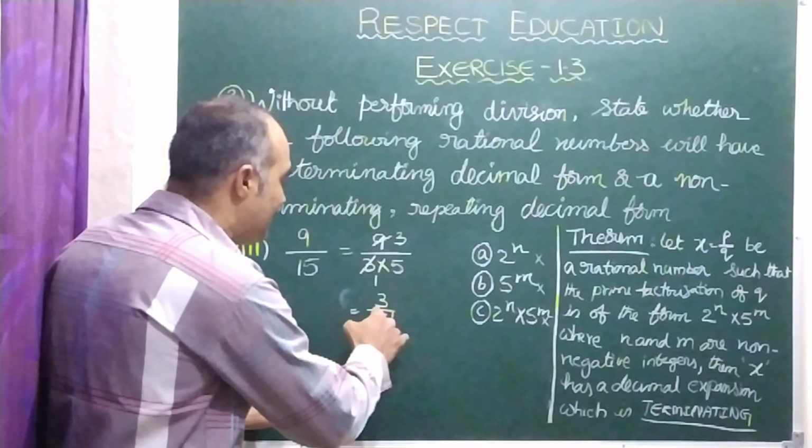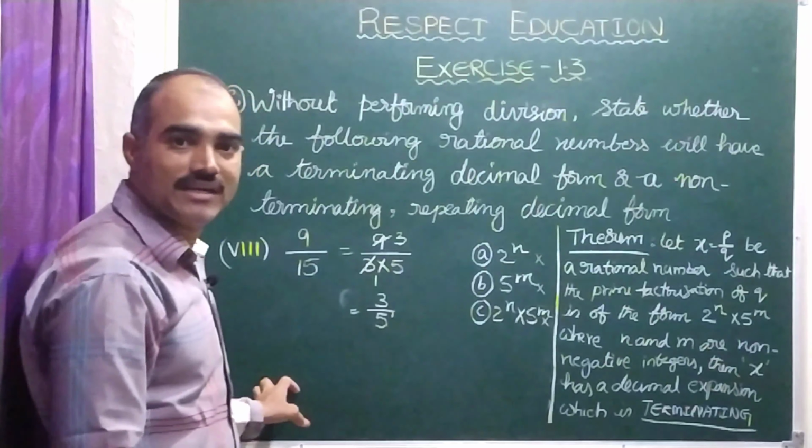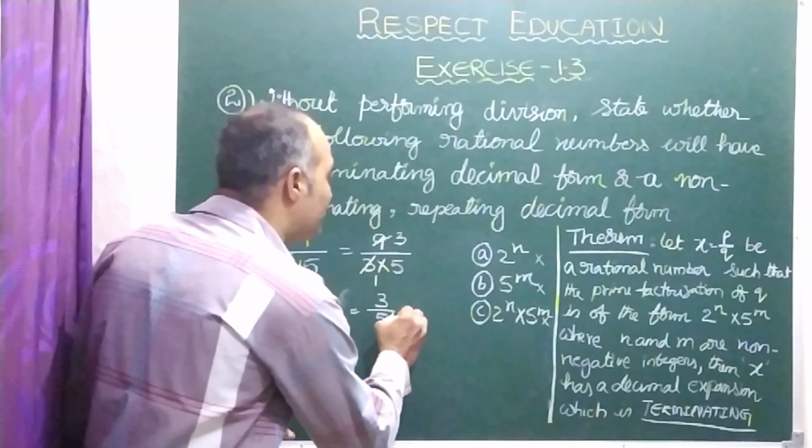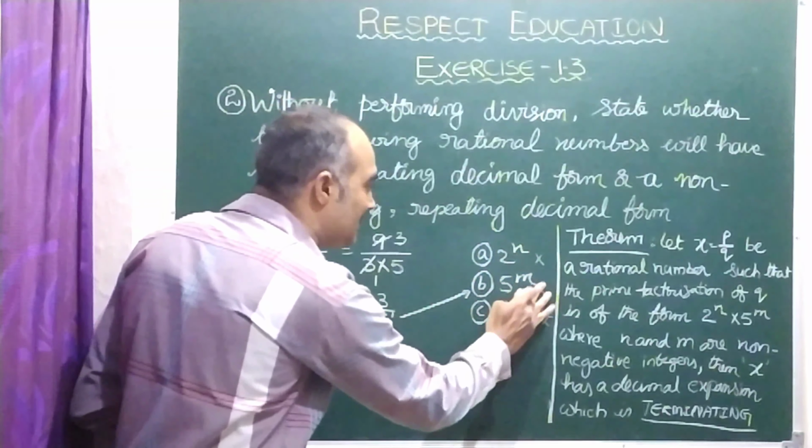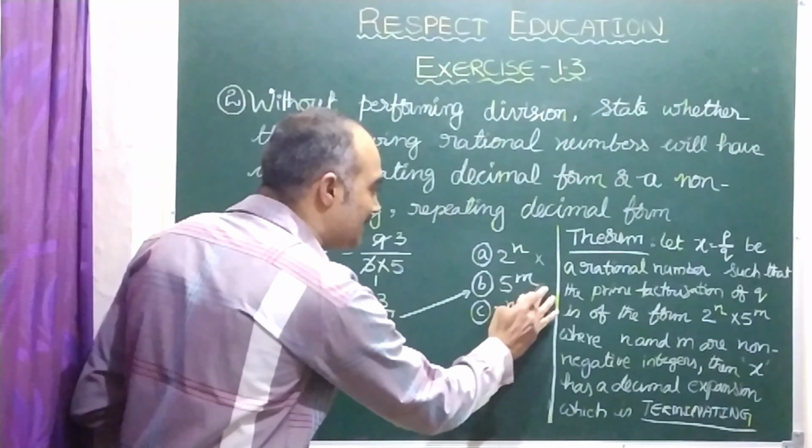So the denominator, the prime factorization of q, is of the form 5 power m or not, right? Out of these three cases, this case gets satisfied or not, right? So it is terminating decimal form.